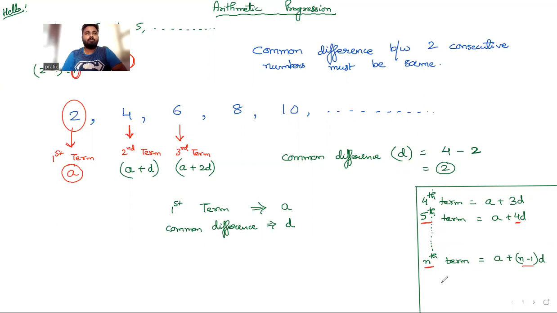So this is nothing but your nth term, which is given by t of n. Now when I have to find this nth term, tn, we just wrote this: a plus n minus 1 into d, right?